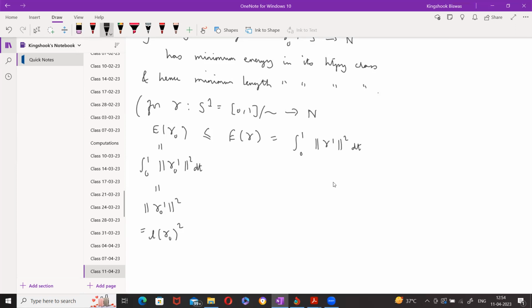We can always assume gamma is of constant speed, in which case the energy is equal to the length squared. I think this is okay.